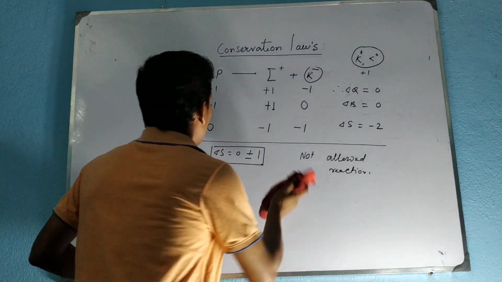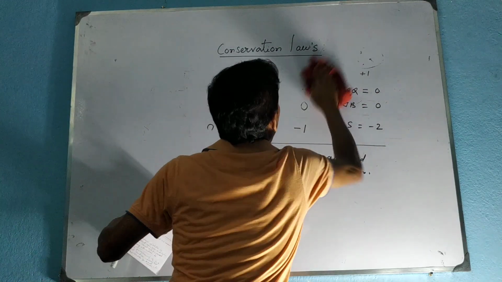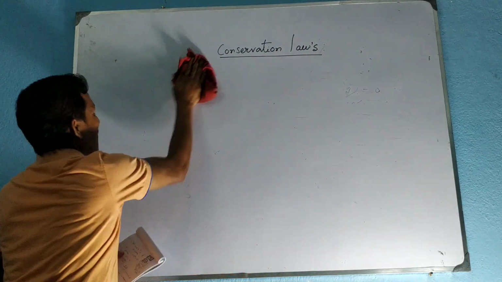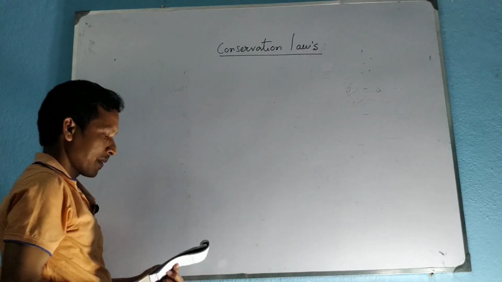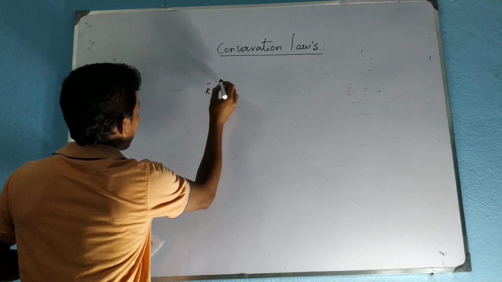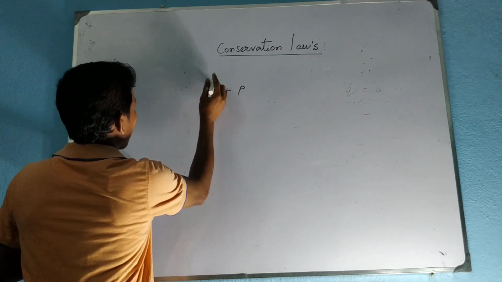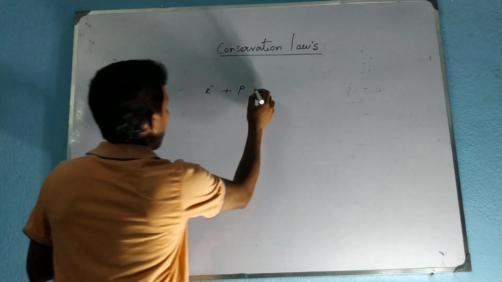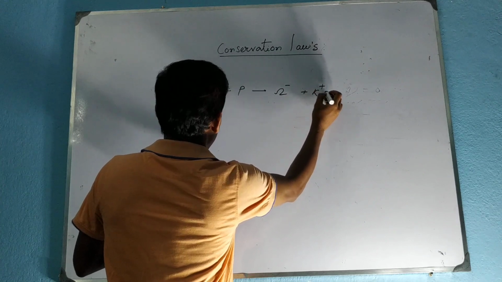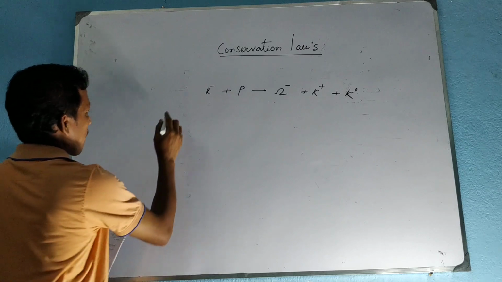Now let me show another example: K minus plus P gives omega minus plus K plus plus K0.